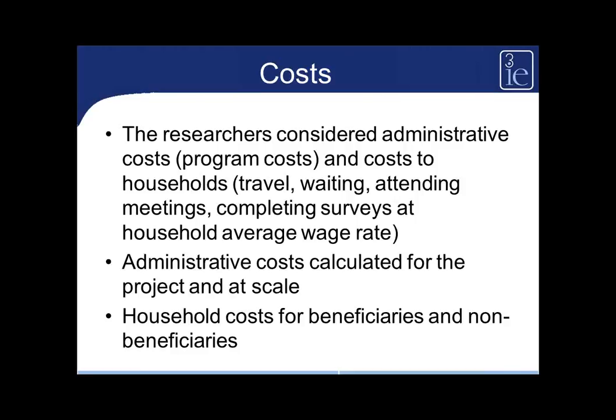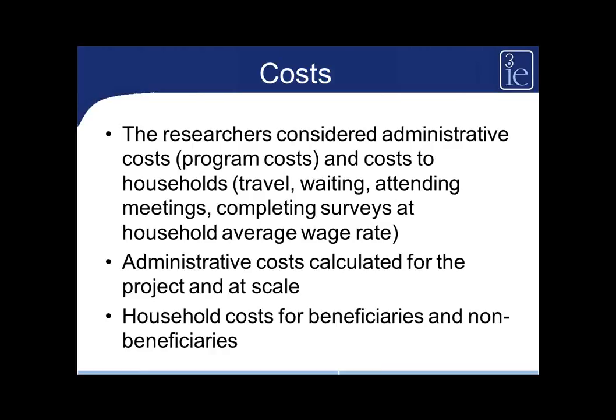On the cost side, the researchers looked at both the administrative costs, the program costs, but also, and again this is important for really looking at marginal social cost, they looked at the cost to the households for participating in these different targeting mechanisms. So travel time, for example, for self-targeting, but also for the community meetings, and so on.